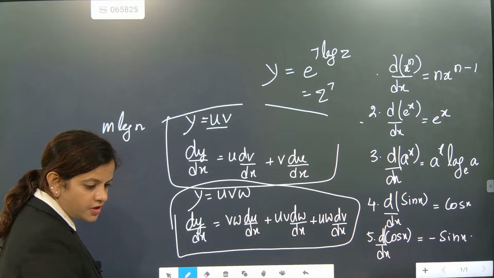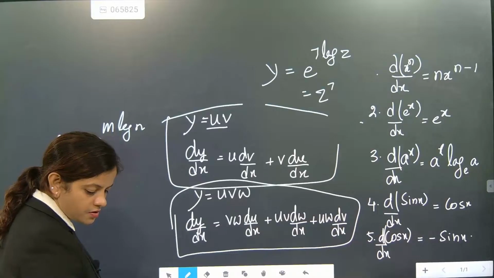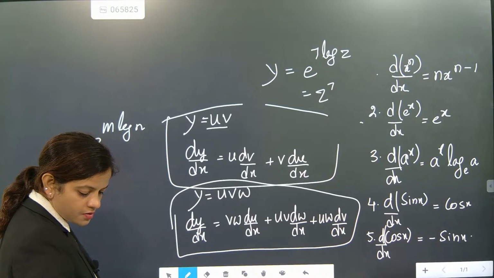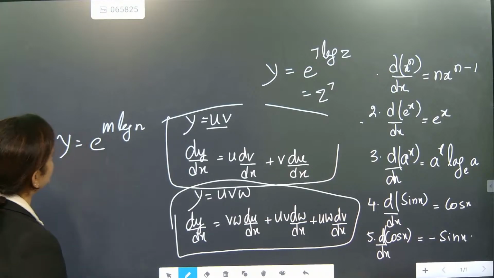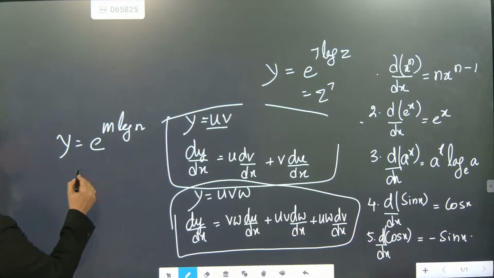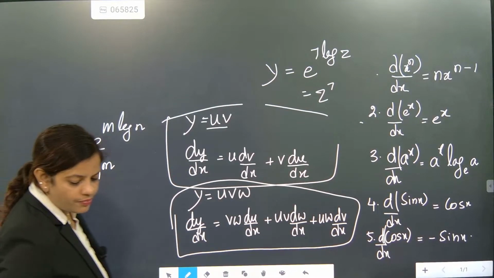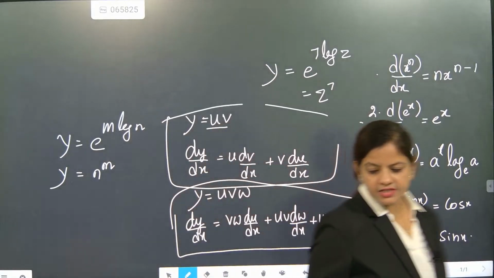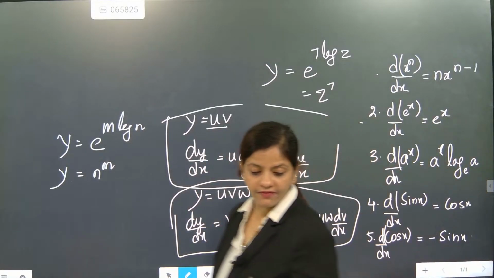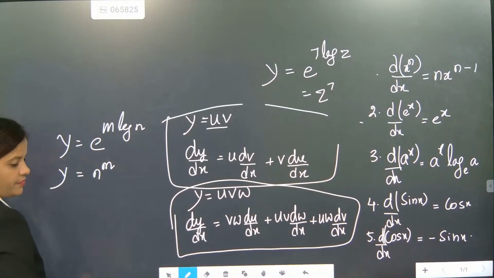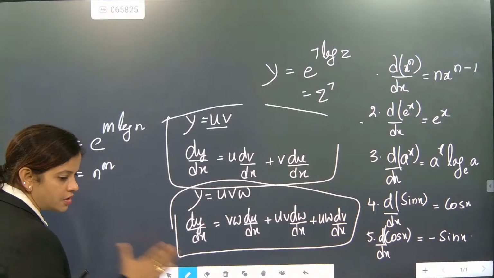The lower part comes up as the power. So it directly becomes n to the power m. Y is equal to n to the power m. These are exactly the steps. This is the way to solve the question.